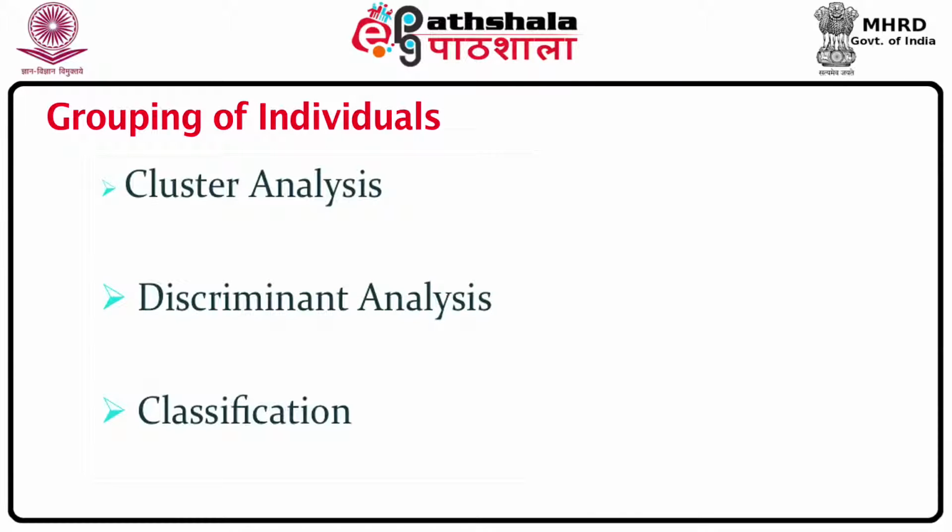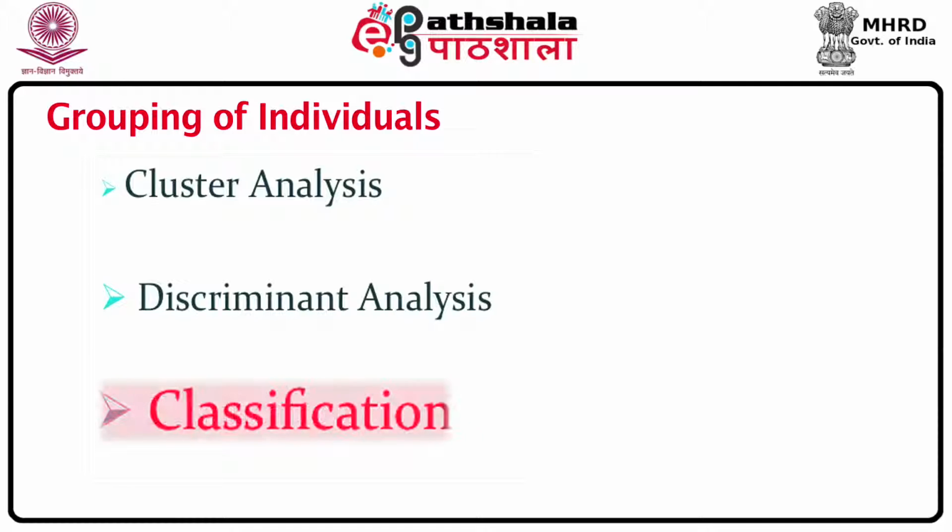The final problem is when a new individual comes in, then we need to classify this individual into one of the given clusters. So we need to check as to how this individual's characteristics match with a given cluster, and the closeness of the match actually classifies the individual to a particular cluster. This is referred to as a classification problem.